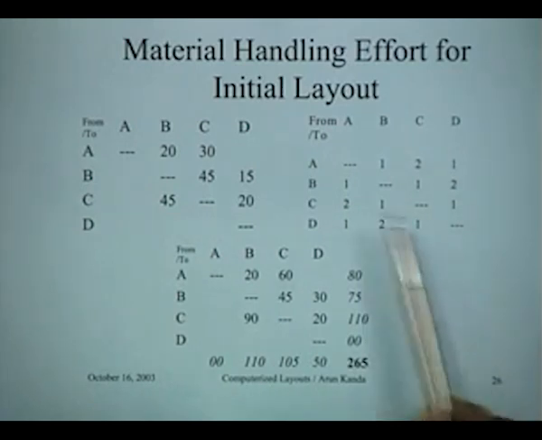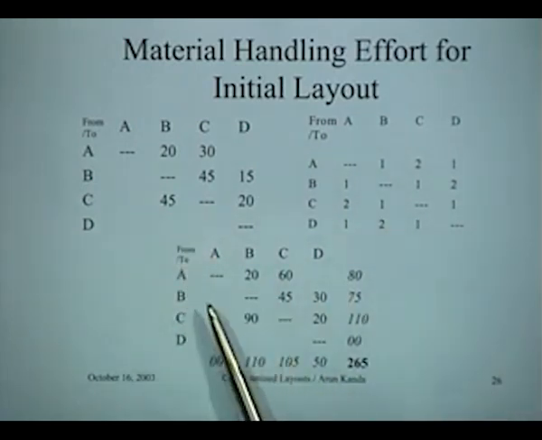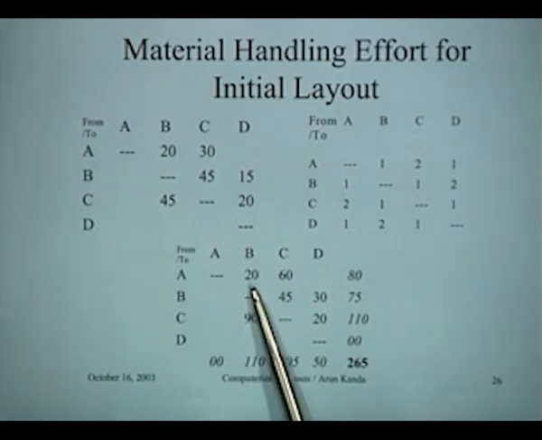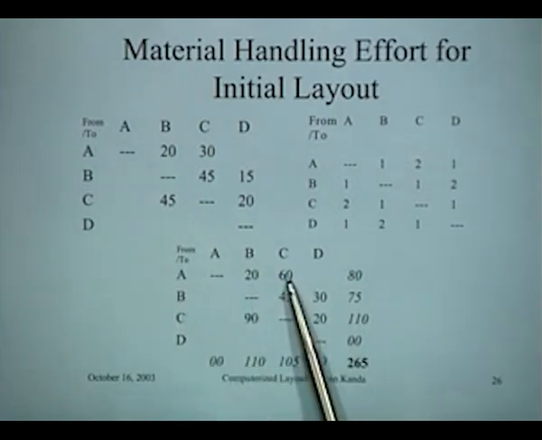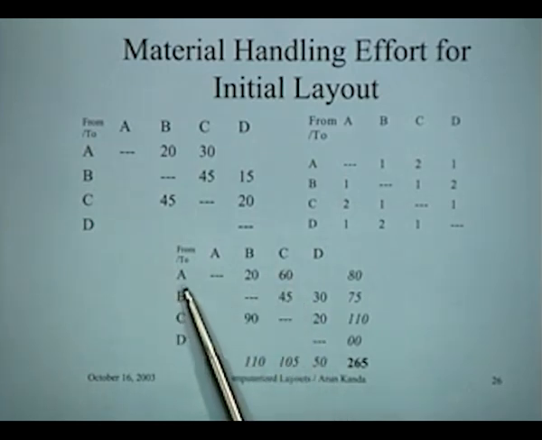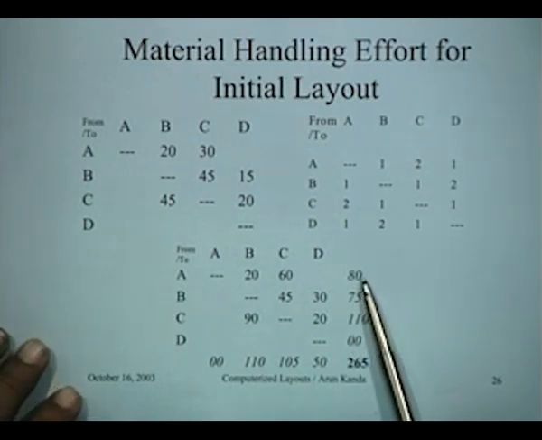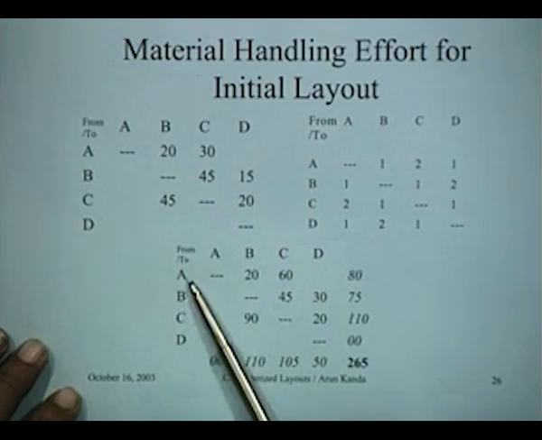And by multiplying these two, you ultimately get this figure, and this figure summarizes the total material that, for instance, between A to B, the cost of material handling is 20 units, rupees. A to C, it is 60 units. So total material handling moved from A to all departments is 80. So 80 rupees worth of cost is incurred in transportation for all the trolleys that leave from A.